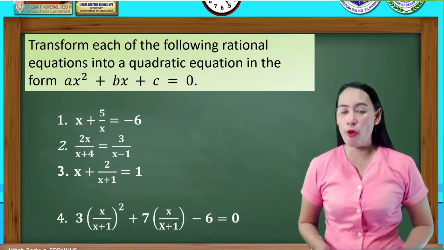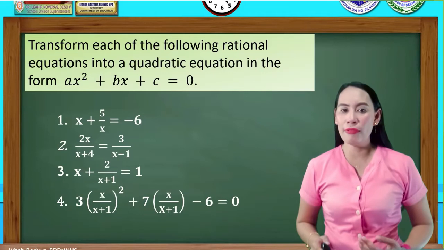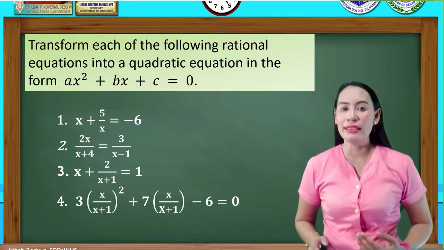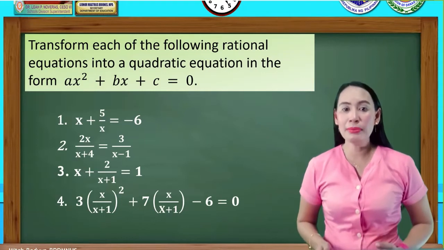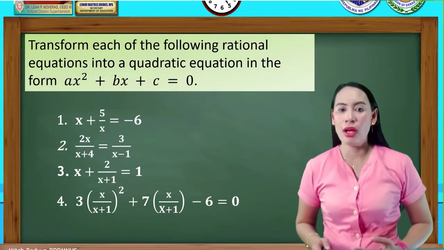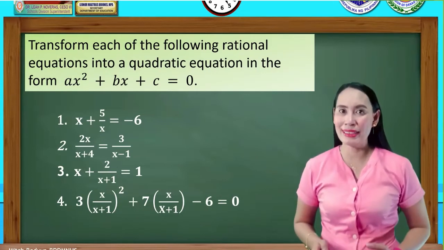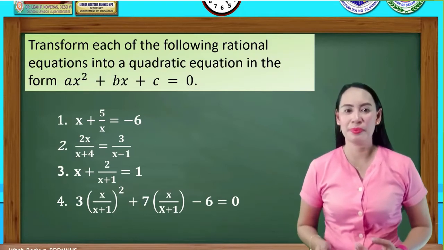Number 4, 3 times the quantity x over (x plus 1) squared plus 7 times the quantity x over (x plus 1) minus 6 equals 0.